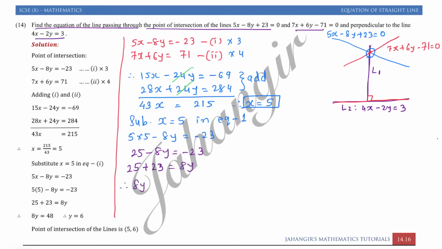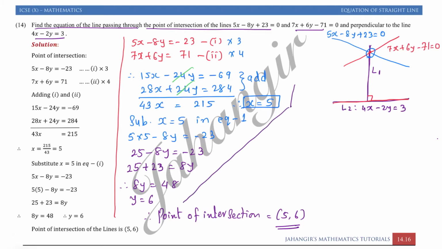Therefore y is equal to 6. So I can say the point of intersection is 5, 6. L1 passes through this point. Now I will find the slope of L2. So L2 I can write it here.